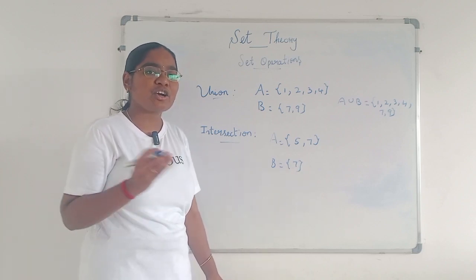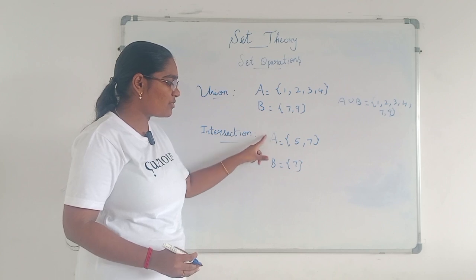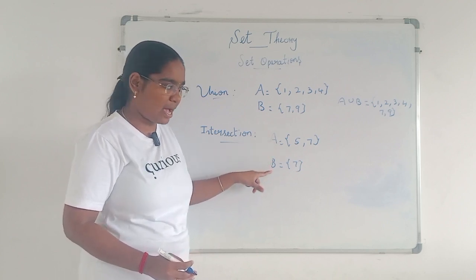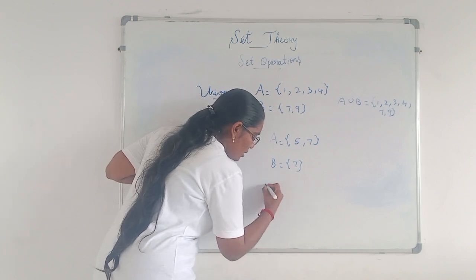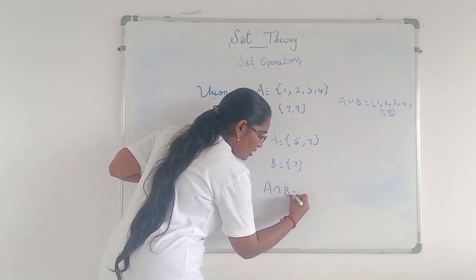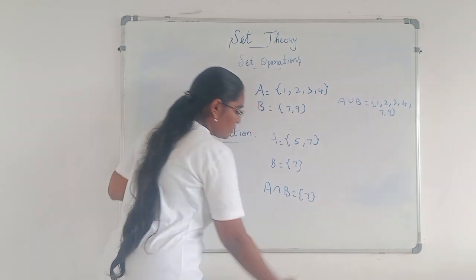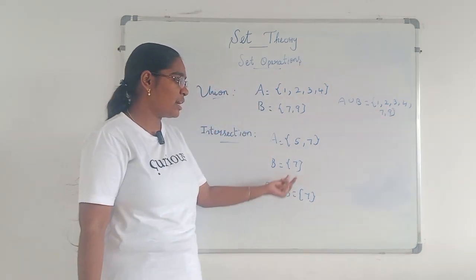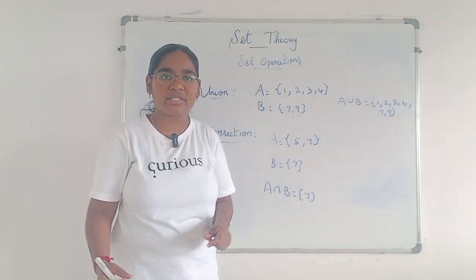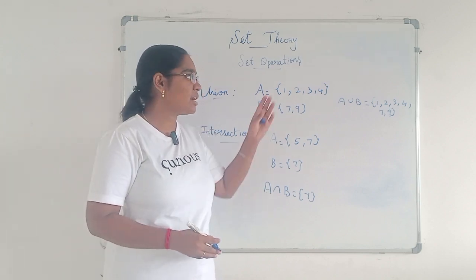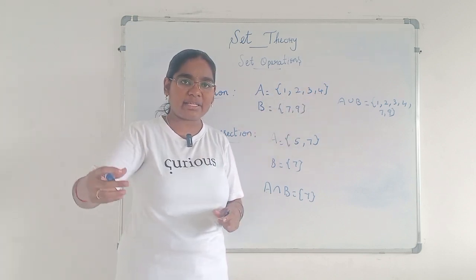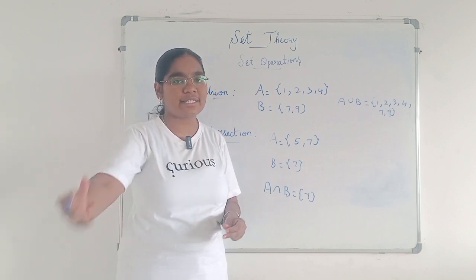The element common to both of these sets A and B is 7. Then A intersection B equal to 7. Intersection means writing the common elements of the given respective sets. Union means writing all the elements of the given respective sets.